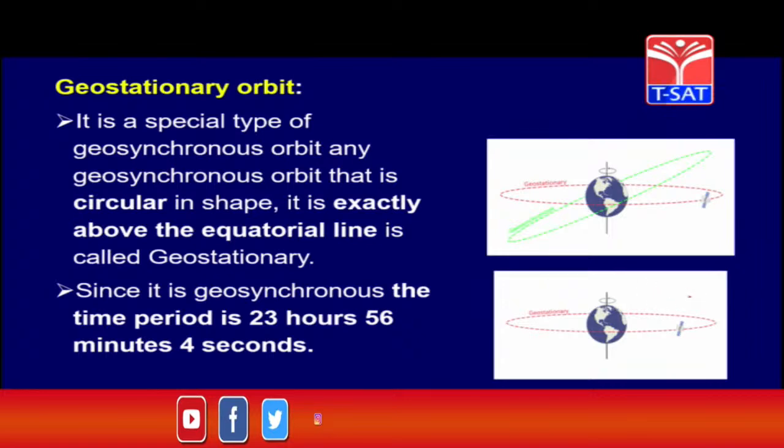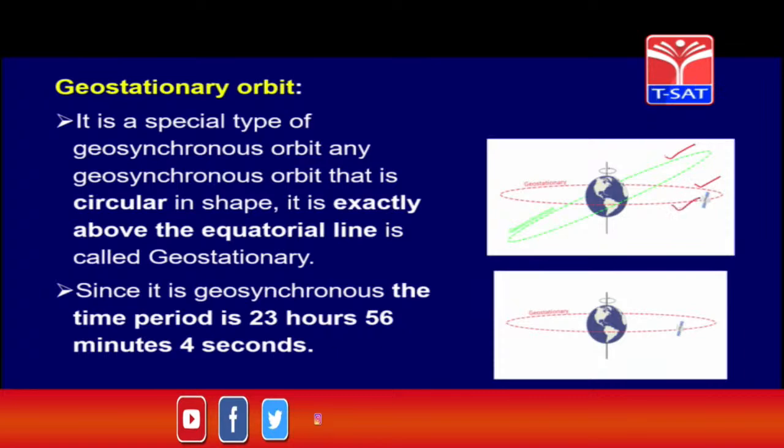If you look at this picture here, we have two types of orbits. One is this one and another is this one. Both might have the same time periods, but both are not geostationary orbits.